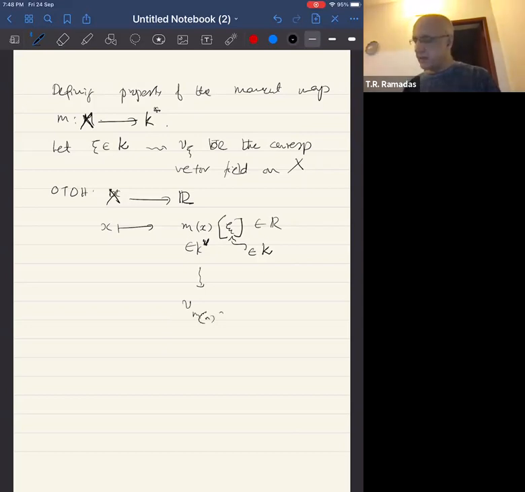Take the real-valued function got by evaluating the moment map on the Lie algebra element psi, and as the point of the manifold varies, you get a function on the manifold. Take the corresponding Hamiltonian vector field. This should be equal to the vector field given by the infinitesimal action of the original psi.